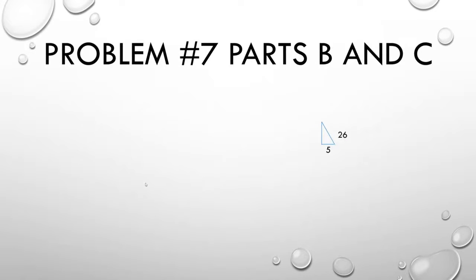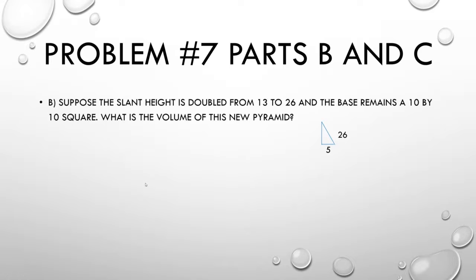Okay, next we're going to take a look at problem number 7, parts B and C. Part B says, suppose the slant height is doubled from 13 to 26, and the base remains a 10 by 10 square. What's the volume of the new pyramid?